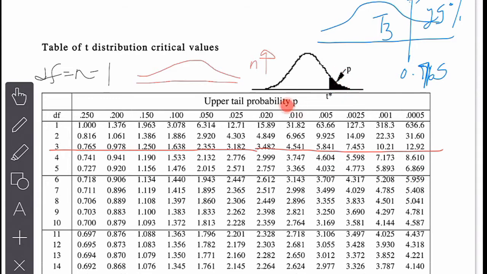So working with the upper tail, to have 5% in the upper tail, you have to be higher than 2.35 with 3 degrees of freedom to be considered in the rejection region.